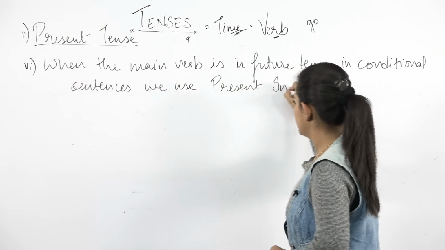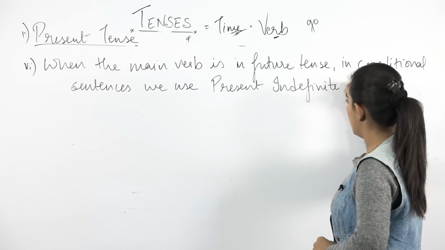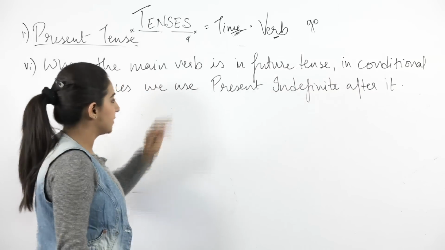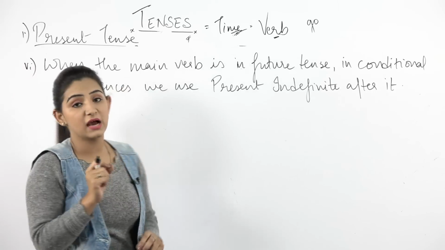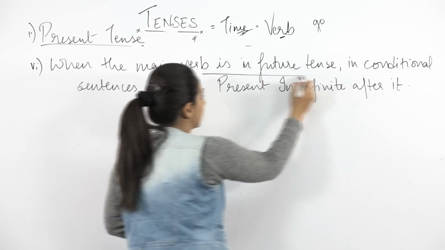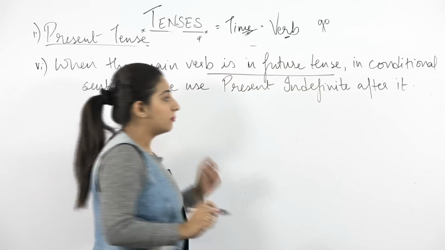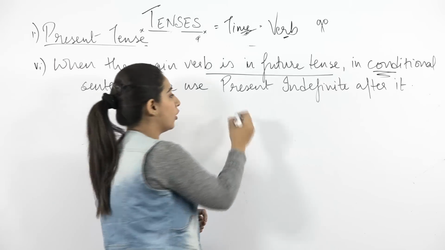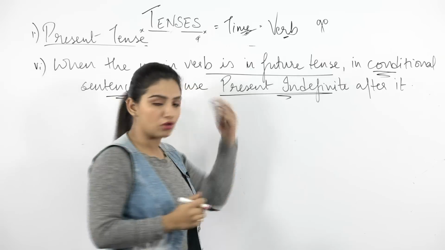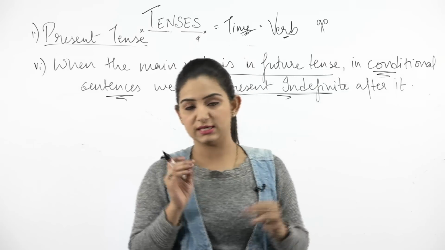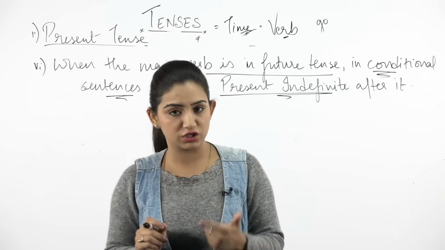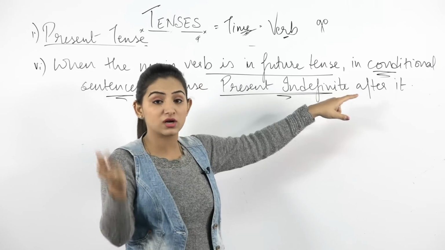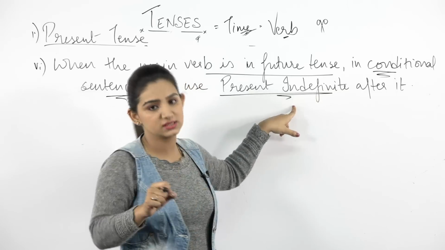Present indefinite after it. क्या कह रहा है, जब भी हमारे पास सेंटेंस दिया होगा, whenever we have a sentence whose main verb is in future tense, but the conditional sentence associated with it will follow a verb in present indefinite or simple present tense. अगर कोई ऐसा सेंटेंस आता है जिसका मेन वर्ब फ्यूचर टेंस में हुआ, ठीक है, लेकिन उसमें एक कंडीशनल सेंटेंस भी जुड़ा हुआ है और कंडीशनल सेंटेंस में जो वर्ब आएगा वो प्रेजेंट इंडेफिनिट में होना चाहिए.